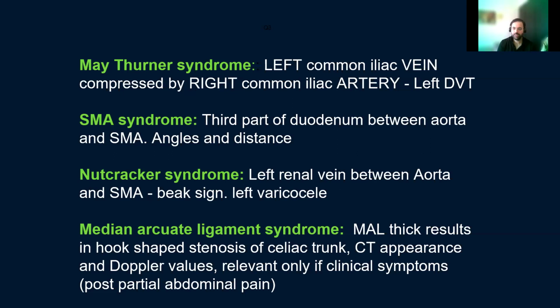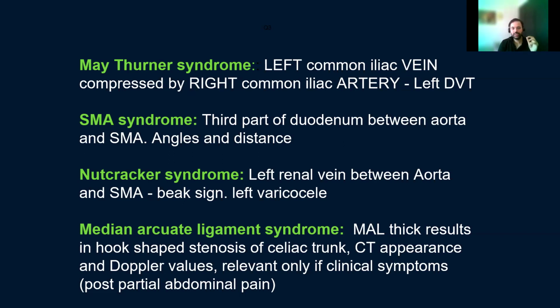So these are typically vascular compression syndromes in the abdomen, which you may be aware of. And it's good to know them because MCQs can come up on that. So that's May-Turner syndrome. Now, what's the SMA syndrome? SMA syndrome is when the duodenum, specifically the third part, gets caught between the aorta and the superior mesenteric artery.